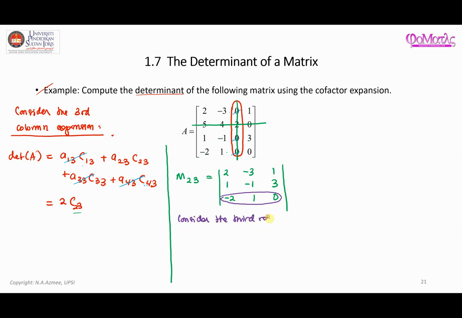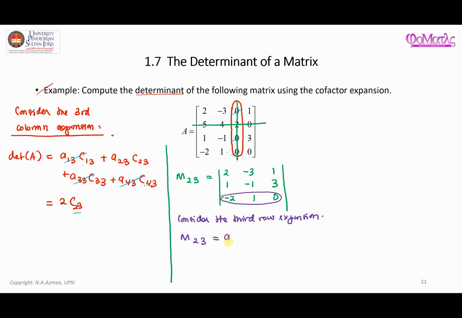Therefore, the determinant of this matrix, which is M23, can be obtained if you consider this position. Now this is a 3 by 3 matrix, so I'm going to use a different notation just to differentiate from the result.